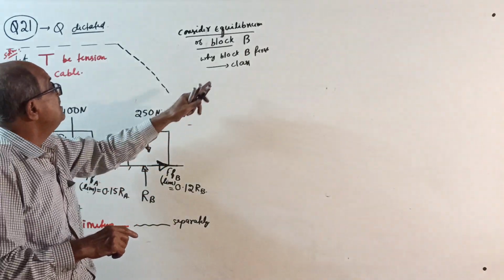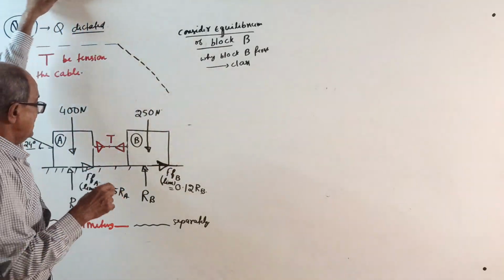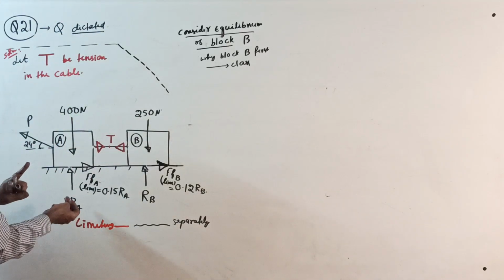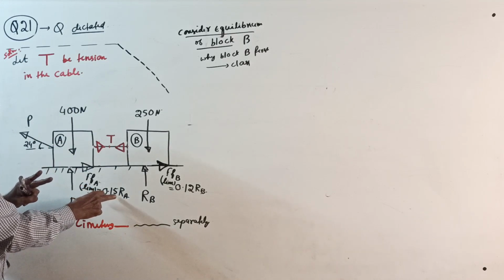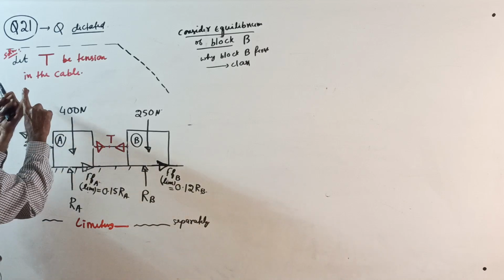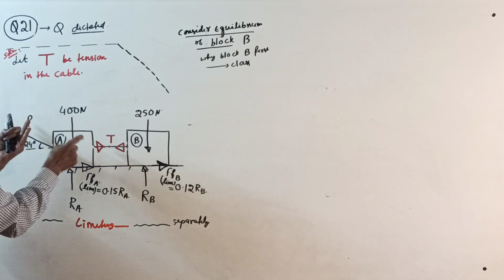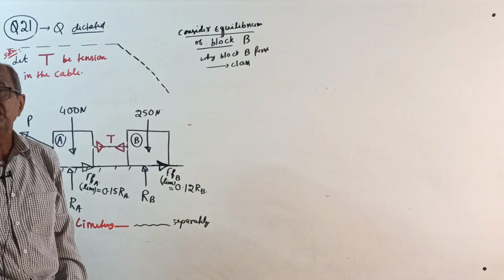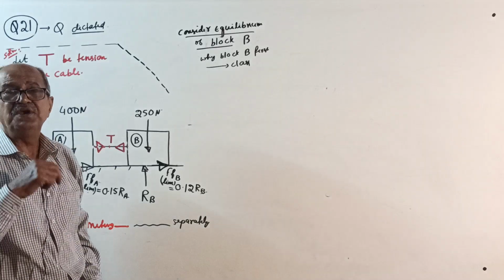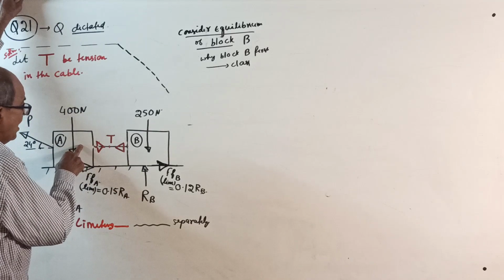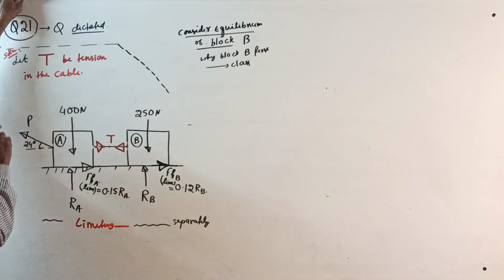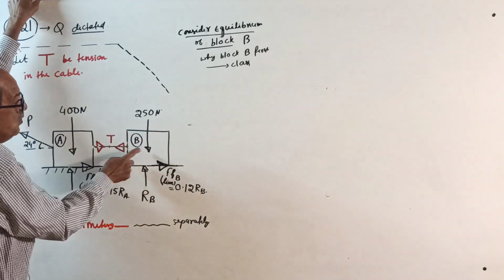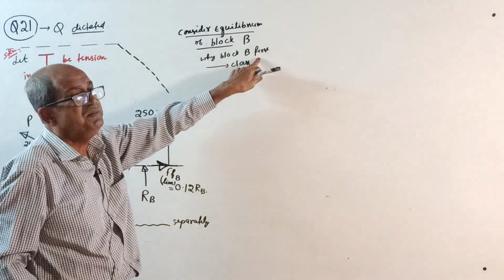If I see block A here, the unknowns are P, RA (the friction is not an unknown because it is in terms of RA), and tension T. Three unknowns, but we have only sigma Fx and sigma Fy, two equations. So if you consider block A first, the unknowns are three. But if you consider block B first, the unknowns are only RB and T, two unknowns. That's why B first.